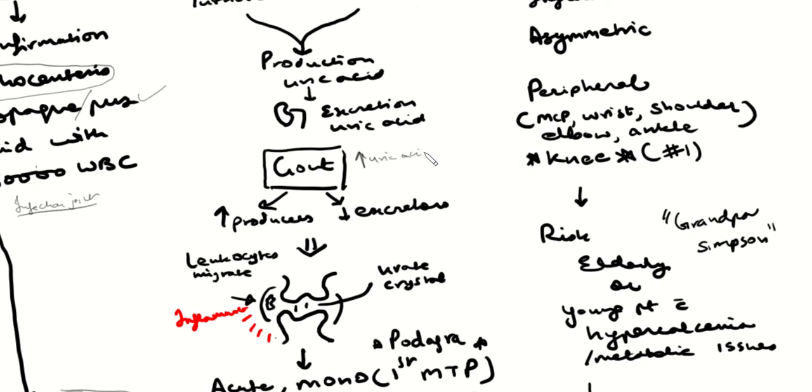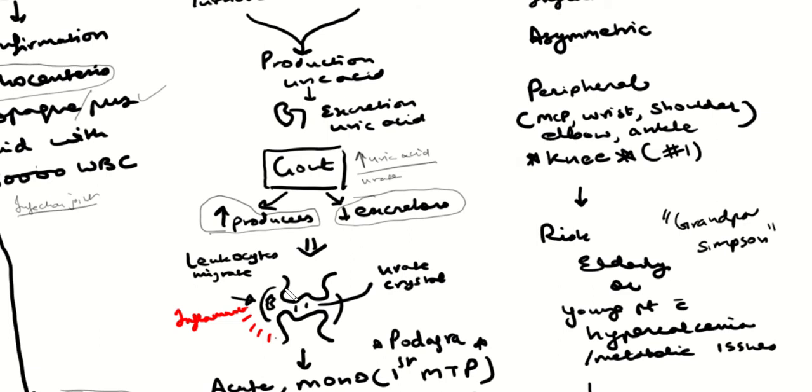They become high either because you're overproducing uric acid or you're under-excreting uric acid. So you could have this, or you could have this and this. Again, you have a lot of urate.